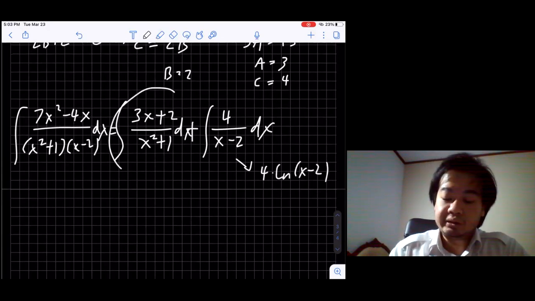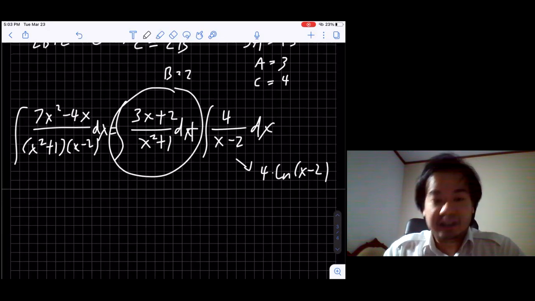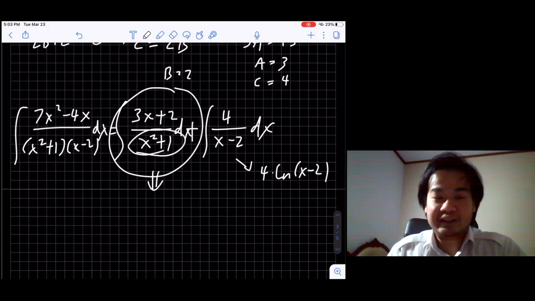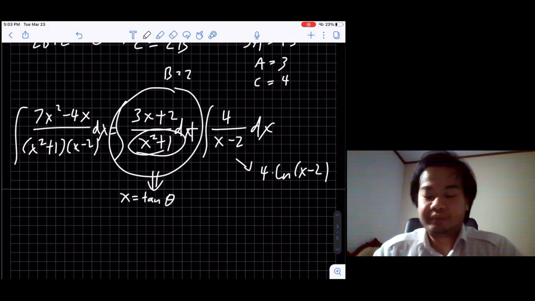And how about this? This is something you have learned in the previous method. This is a binomial square, so you need to use the trigonometric substitution method, which is x equals tangent theta. I think you can do that by yourself, so I will not continue this example.